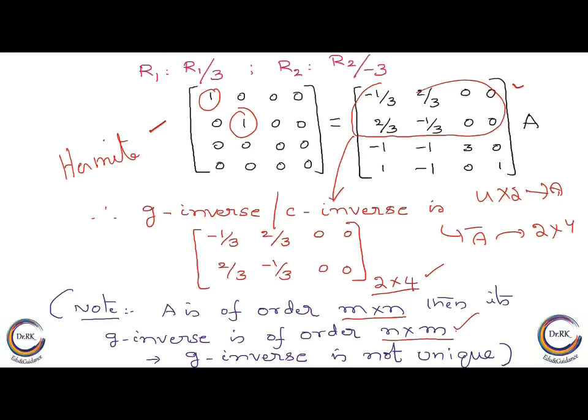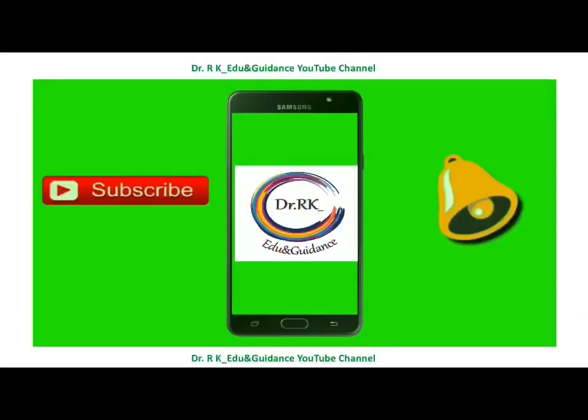Now to conclude, we tried to find the inverse of a matrix. The regular method is by using the adjoint and determinant. The other one is the MP inverse or Penrose method. The other method is the general C inverse, conditional inverse or G inverse.